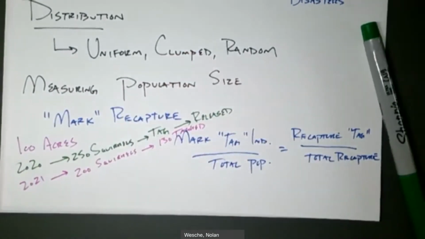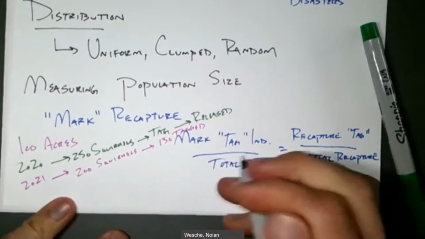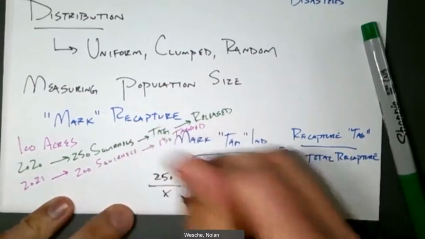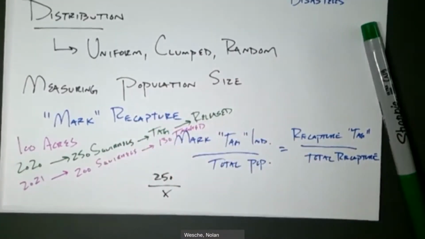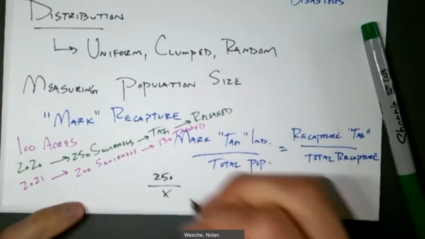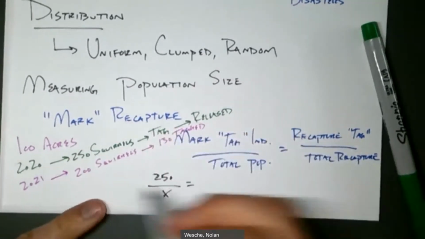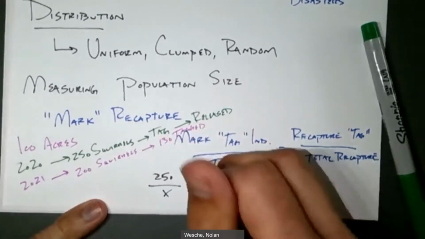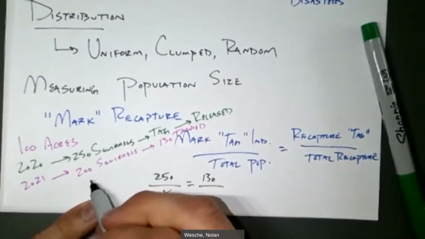So what we would do is set up this ratio. So we would say that we had 250 squirrels that were tagged, and we don't know what the original population was. That's what we're trying to figure out. When we did the recapture, we had 130, and then we captured 200 total.